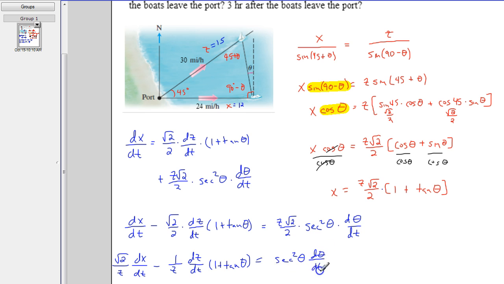Now, same thing. I want to get rid of this. I could divide both sides by the secant squared, but instead, the easy thing to do here is use the reciprocal properties of these trig functions and multiply by the cosine squared theta, right? Which is the reciprocal of secant squared, so they cancel. And then over here, I'm going to multiply by cosine squared theta.